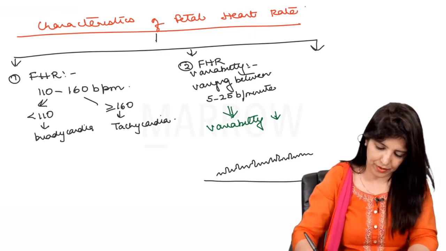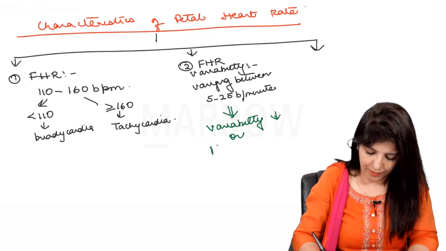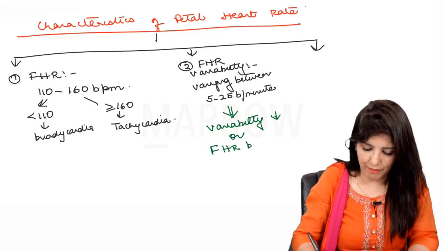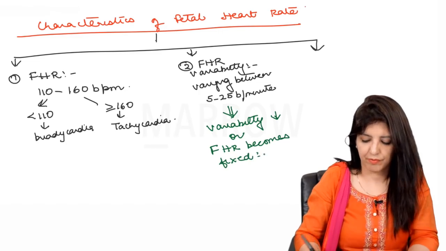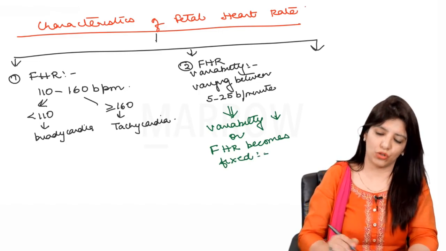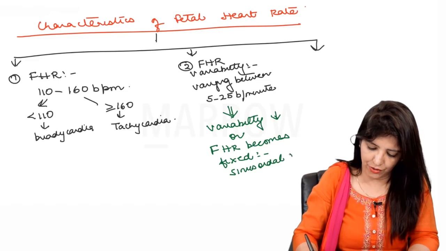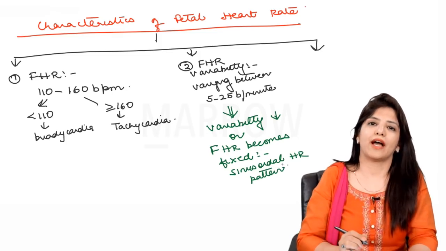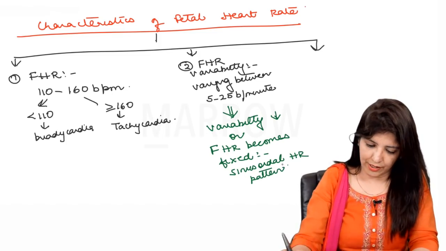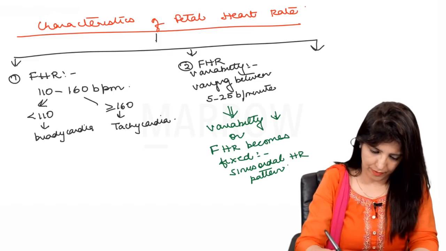Similarly, if fetal heart rate becomes fixed, that is also something wrong to happen, and that is called sinusoidal heart rate pattern. Now, sinusoidal heart rate pattern needs a little more explanation.